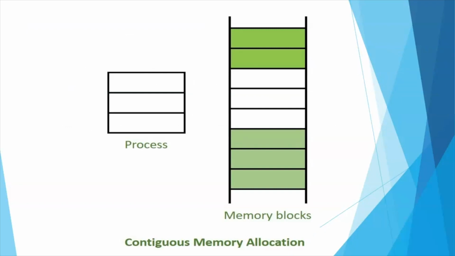This is a picture of a continuous memory allocation. Here the colored cells represent a process in which the partitions are arranged in a continuous manner.